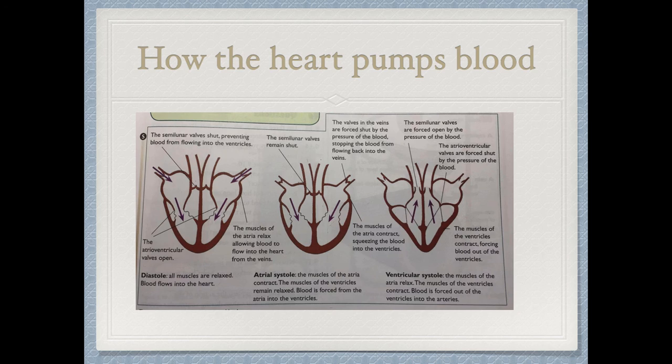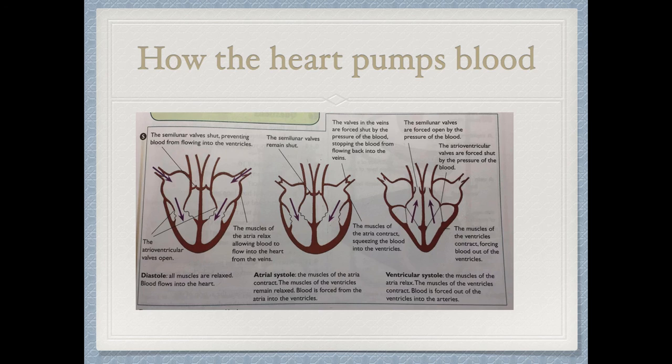In this case, the atrioventricular valves on both sides are open. The semilunar valves on both sides are shut. The muscles of the atria relax, which is diastole, allowing the blood to flow into the heart from the veins on each side.